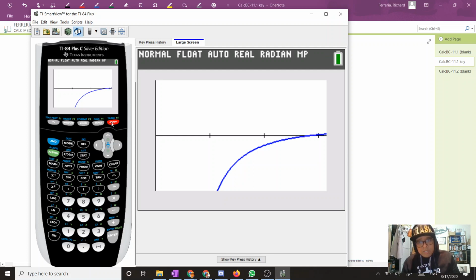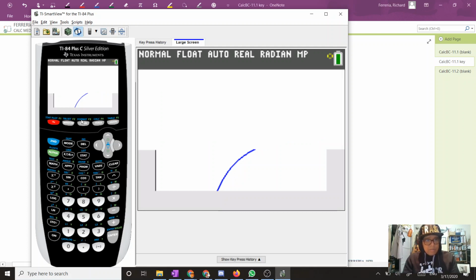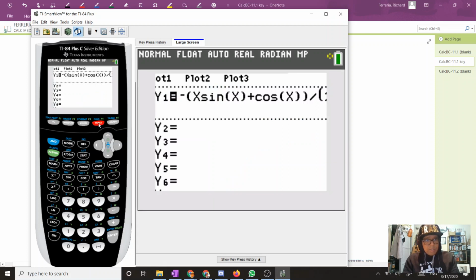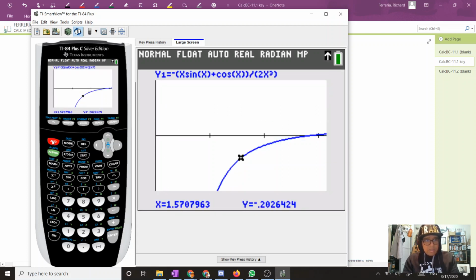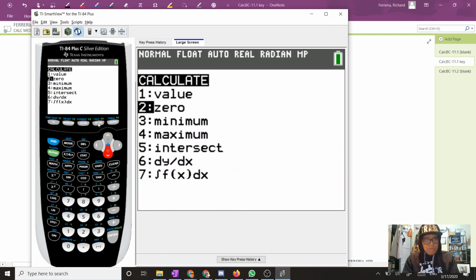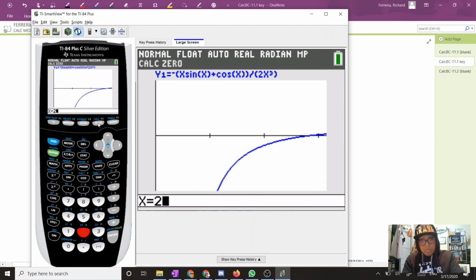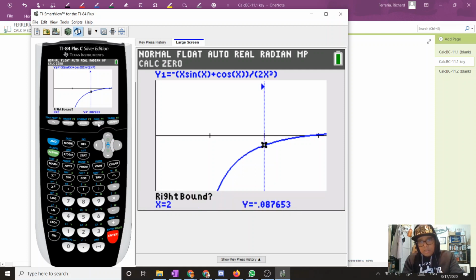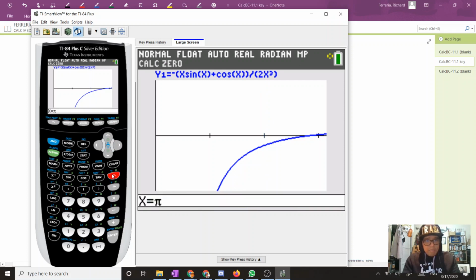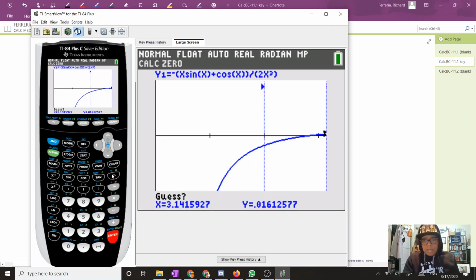Okay, so it does cross the axis just that one time. Let's figure out where that is. We're going to second calculate. We're going to look for a zero. Somewhere between 2 and, I know that that's pi on the other side, so I'll just put in a pi. Somewhere between 0 and pi. And let's just take a guess, maybe right around here.